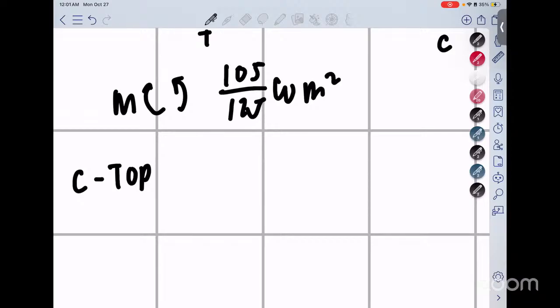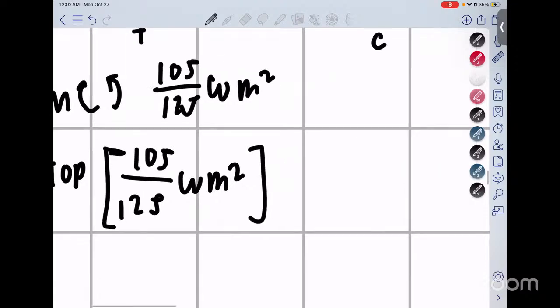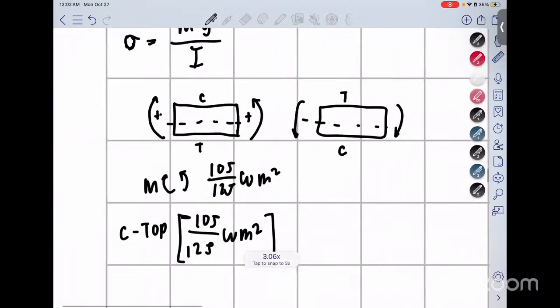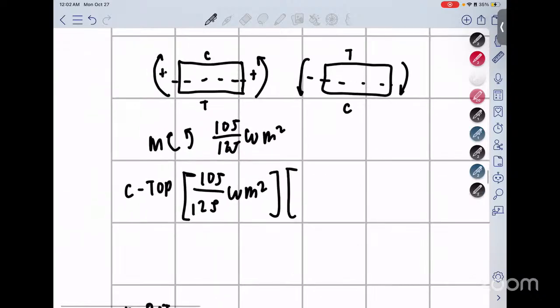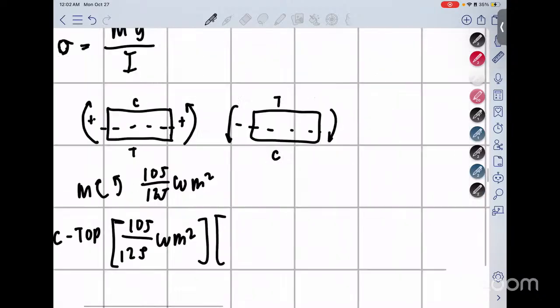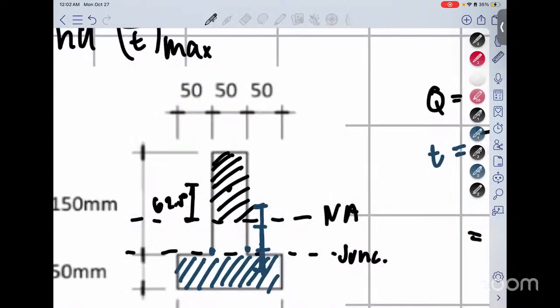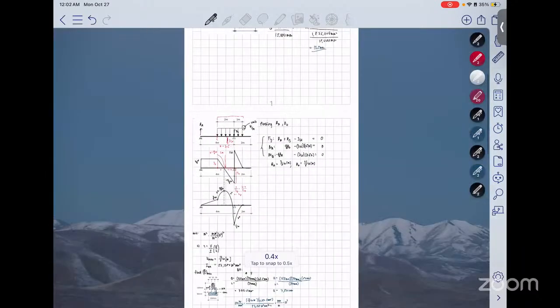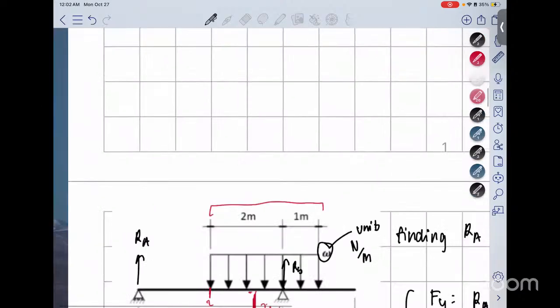Plugging that in, we multiply this by y, which is just the relative position. Since this is compression at the top, the distance from the centroid to the top is 125. And the distance to the bottom, let's note it as well, is 75, so we don't have to go back and forth.